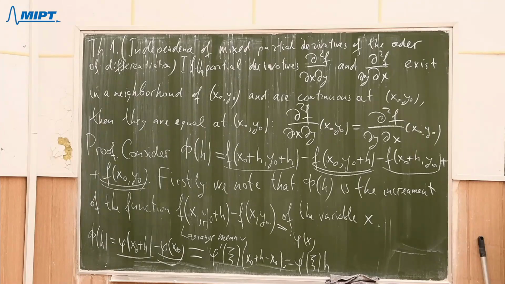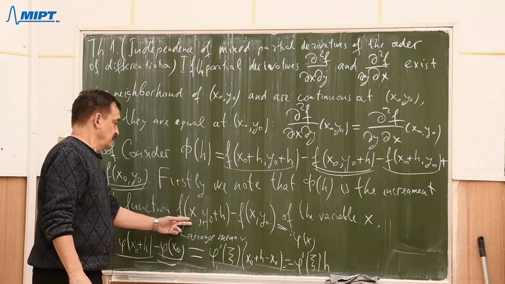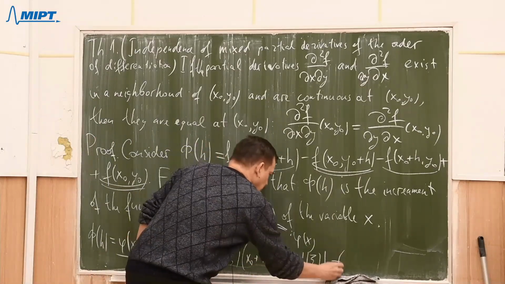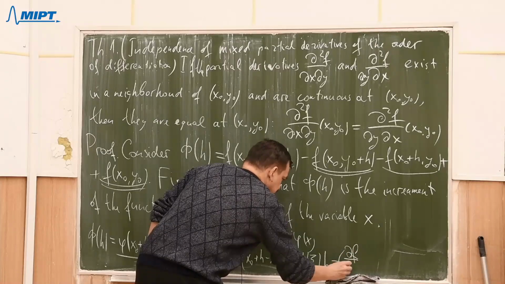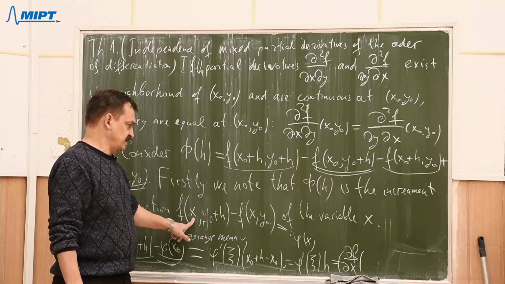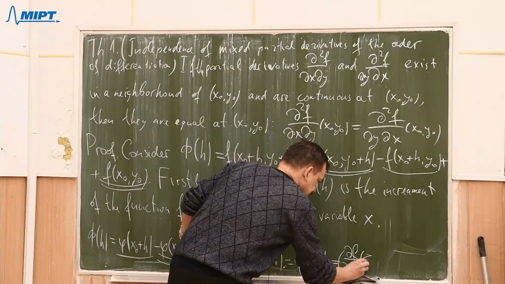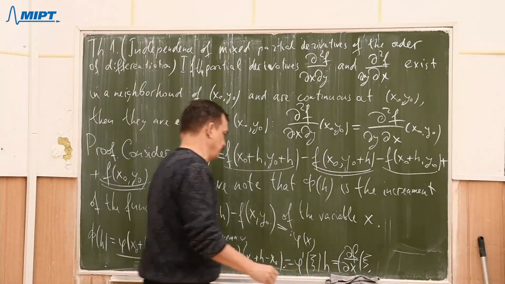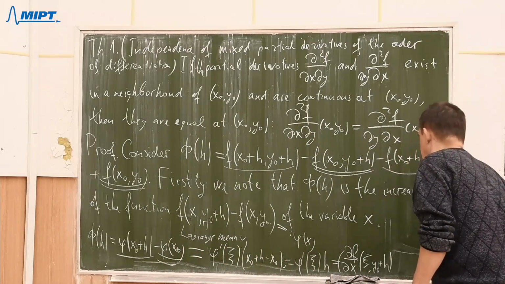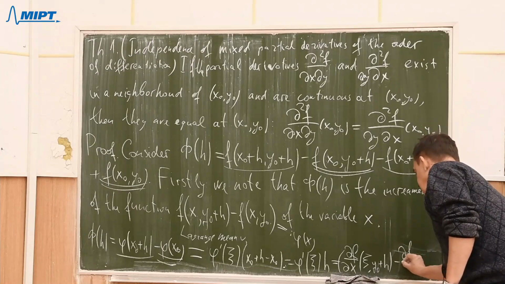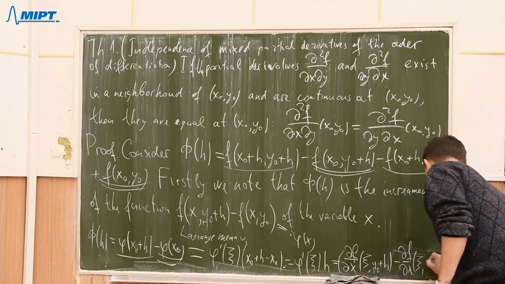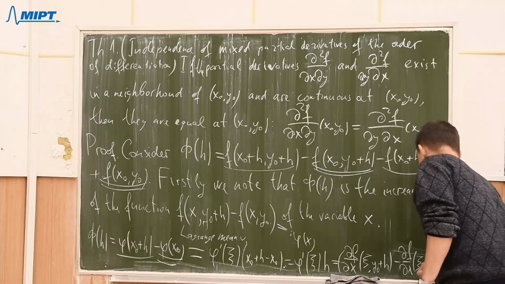And what is phi prime of xi? We differentiate. That is the partial derivative of f with respect to x at which point? Instead of x I substitute xi, and then y naught plus h, minus the partial derivative of f with respect to x at the same xi, but now y naught, times h.